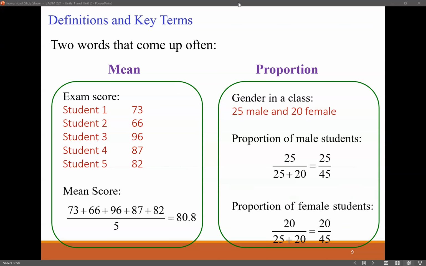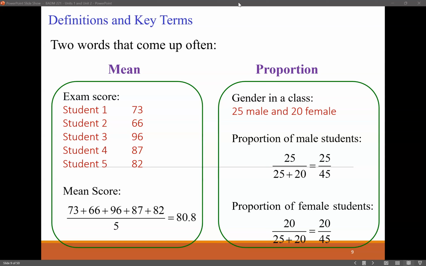So you have student scores for student 1, 2, 3, 4, 5, and then you have the numbers. To find the mean, you add all the numbers and divide by the number of students, which is 5. So you will get the mean score.